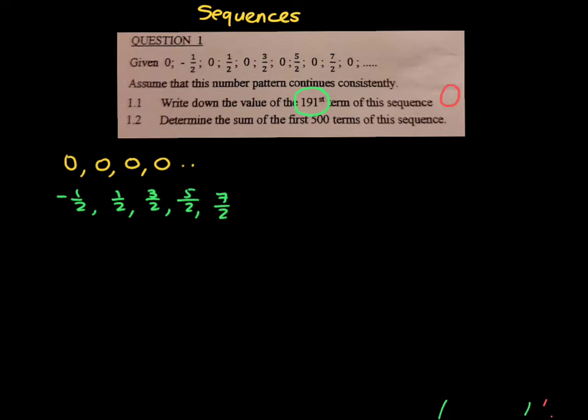And then we have the next sequence question, which is asking the sum of the first 500 terms. Now here we're going to be using the SN formula. So I'm going to write you 1.1 and then 1.2. So we're going to use SN. If it's 500 terms, it's going to be 250 of the odd terms and 250 of the even terms.